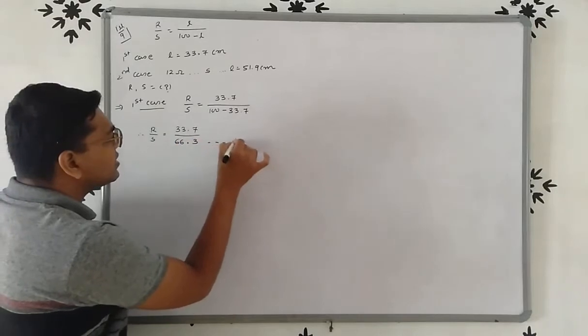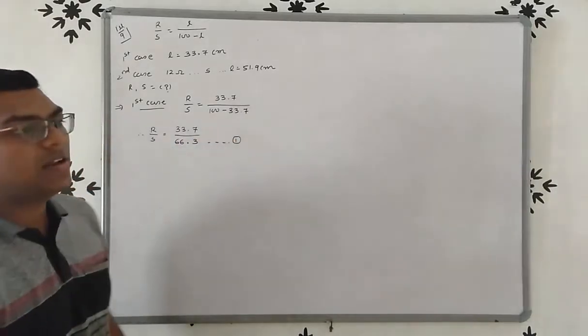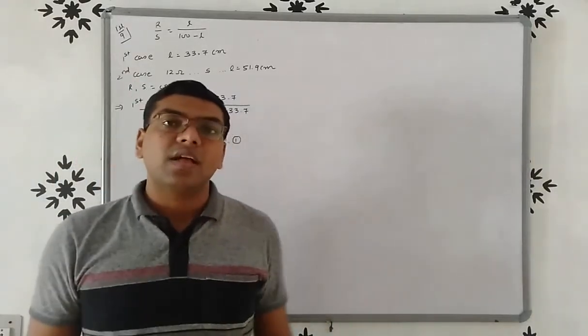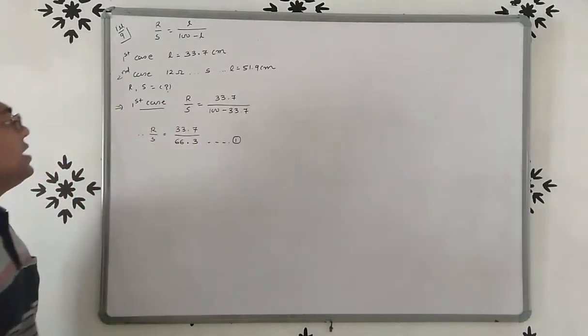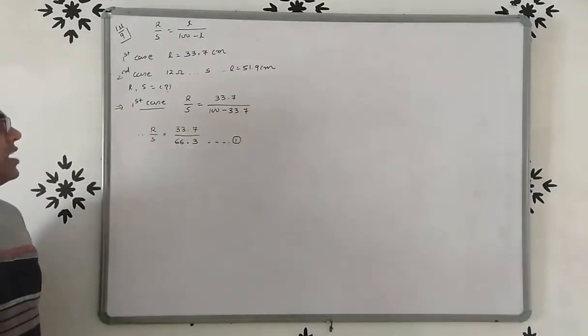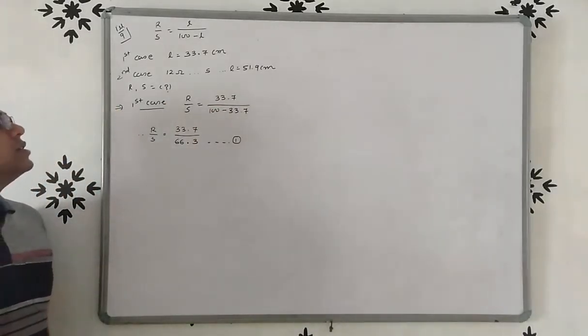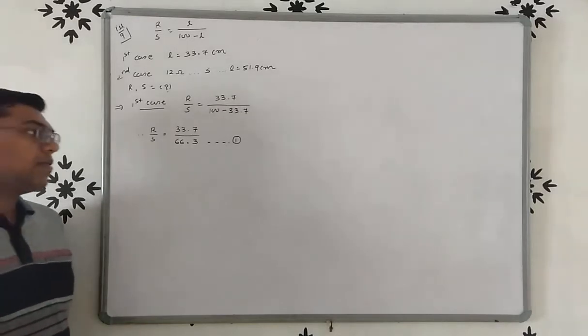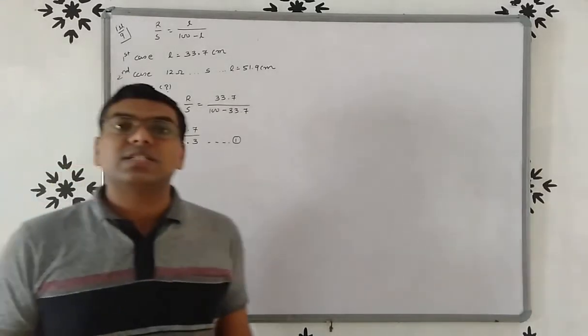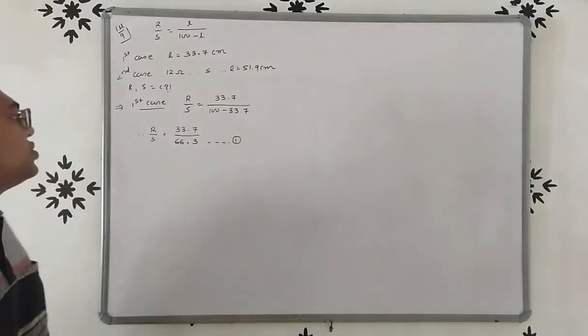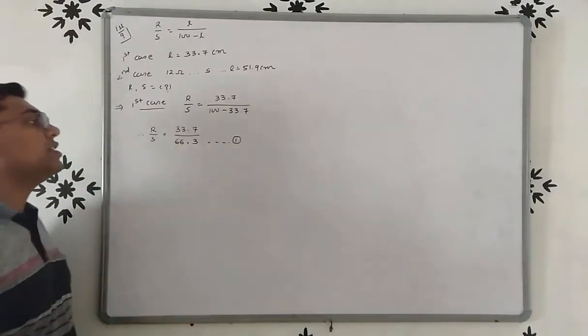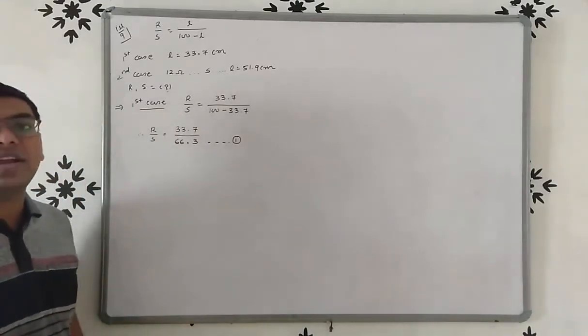Right, so this is equation number 1. So with the first case, we know the ratio R by S is 33.7 upon 66.3.